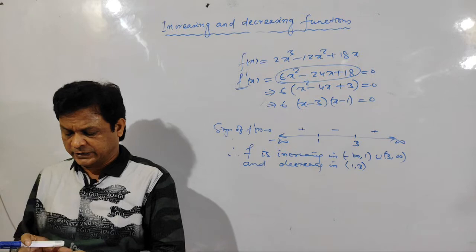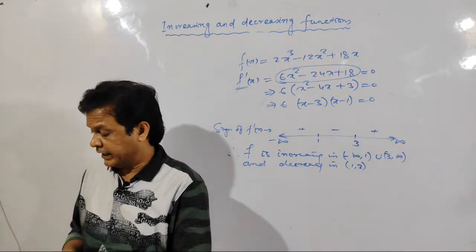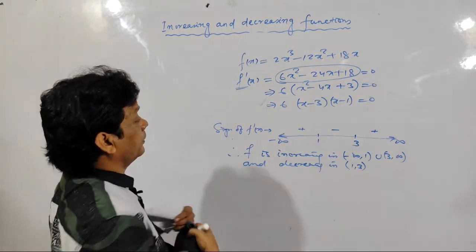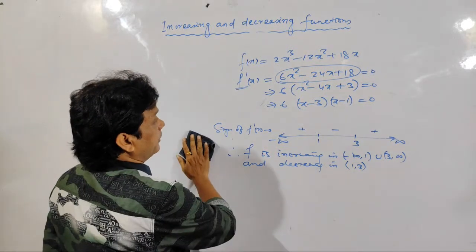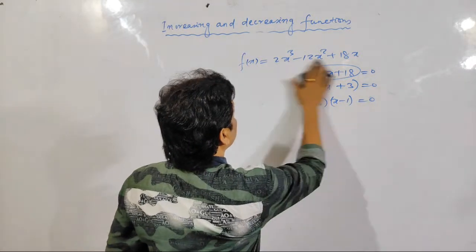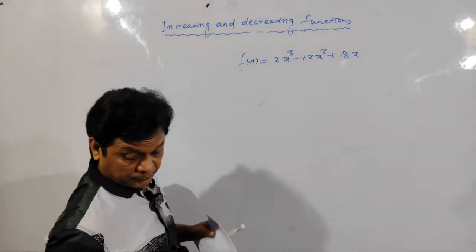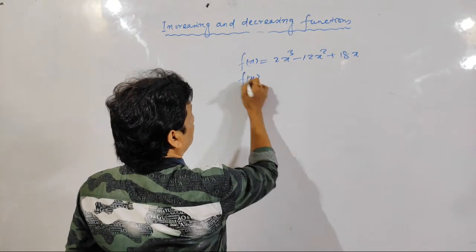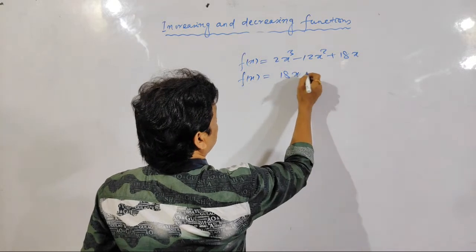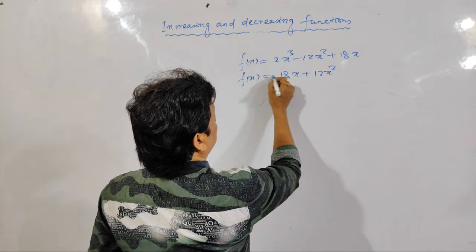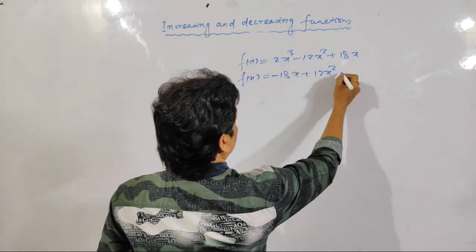Sandeep is asking what if the highest power of x is negative. Okay, I am giving you the same example. f of x is equal to minus 18x plus 12x square minus 2x cube.